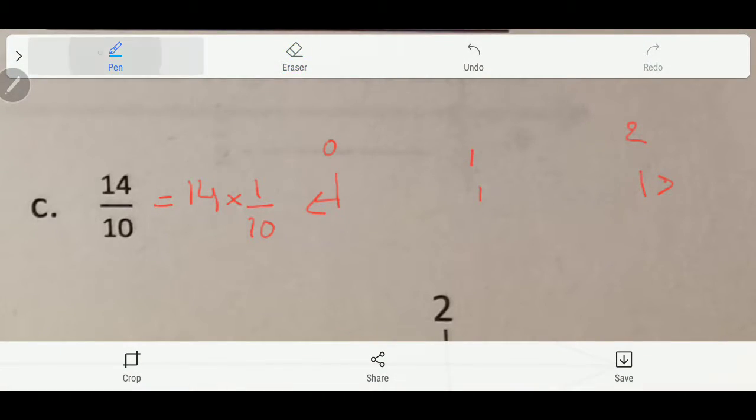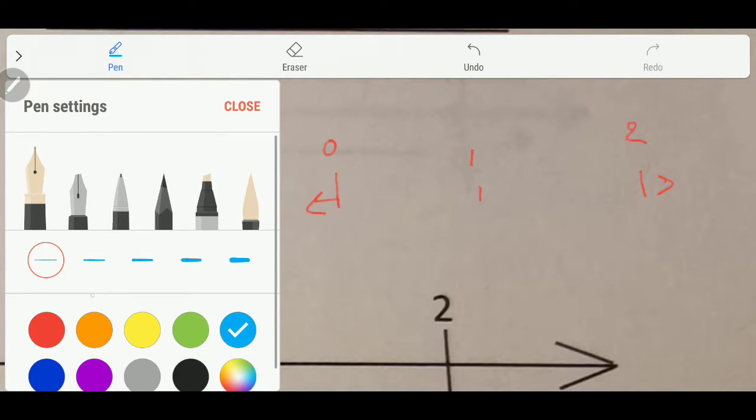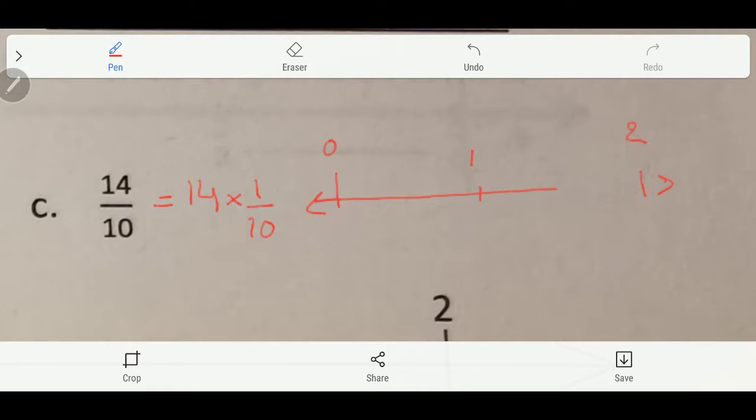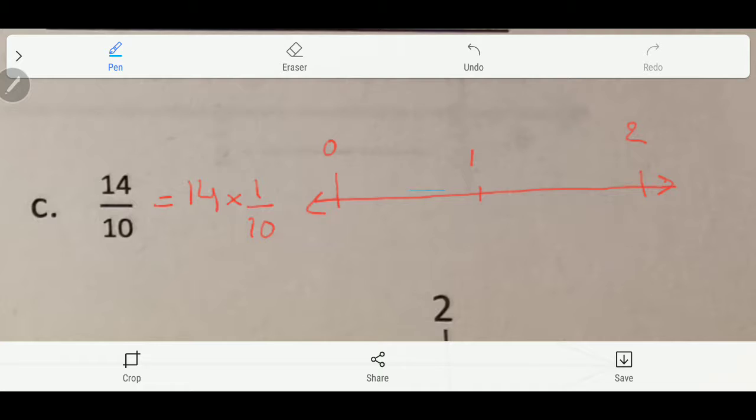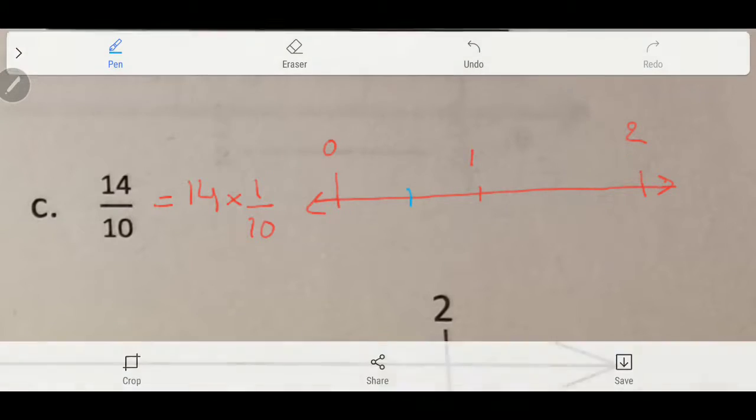Going back to red, we're gonna do it like this, and then let's do blue. So we're gonna cut this in half, right?